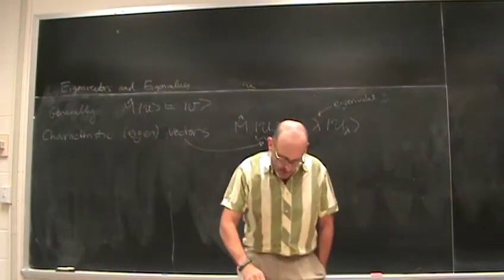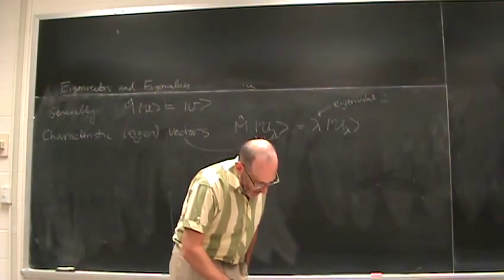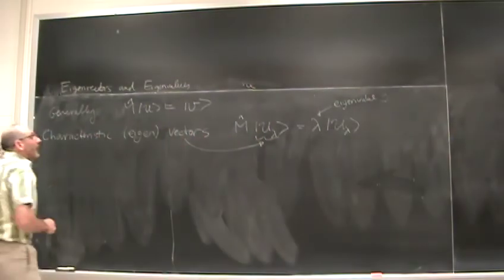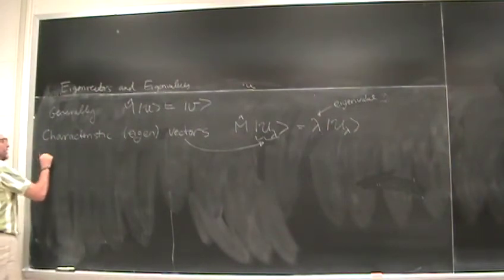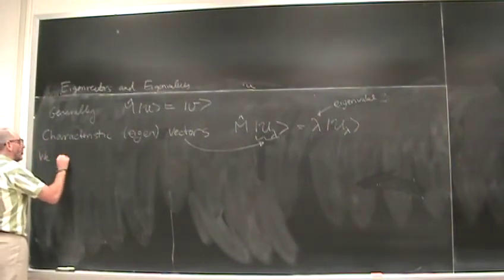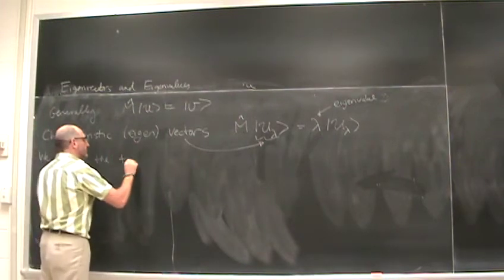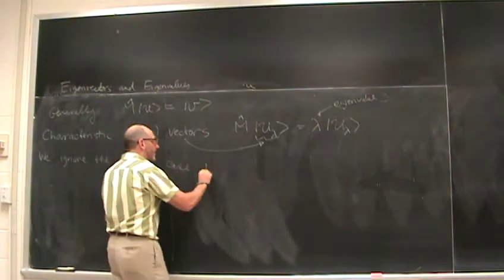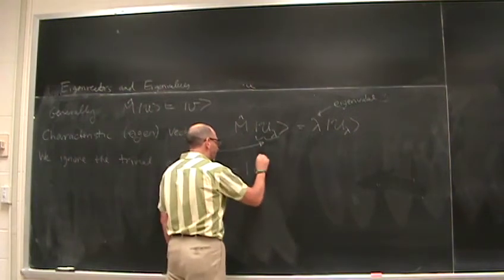Okay. So, by that, we ignore the trivial case where this is just the zero vector, I'll call it null.